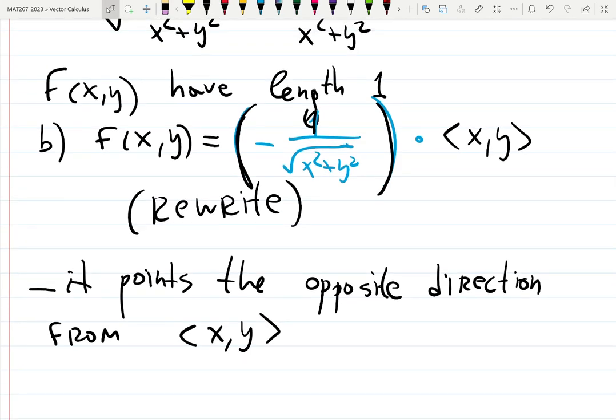It points in the opposite direction, regardless of the size, because of the negative sign. This negative sign immediately tells me, oh, so when I choose the vector x, comma, y, let's do that again. Here's my vector x, comma, y, just like in the previous example. But in the previous example, my vector field would bounce it perpendicular. In this case, it will be the opposite direction, f of x, comma, y.